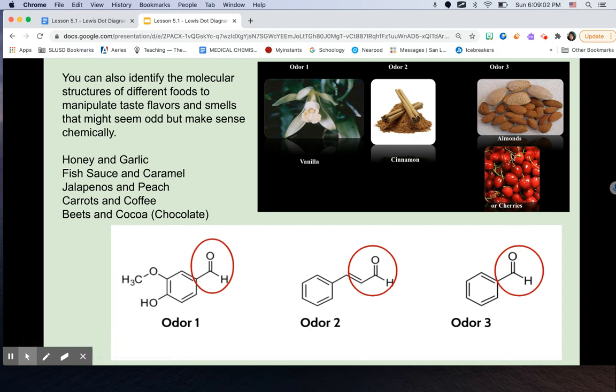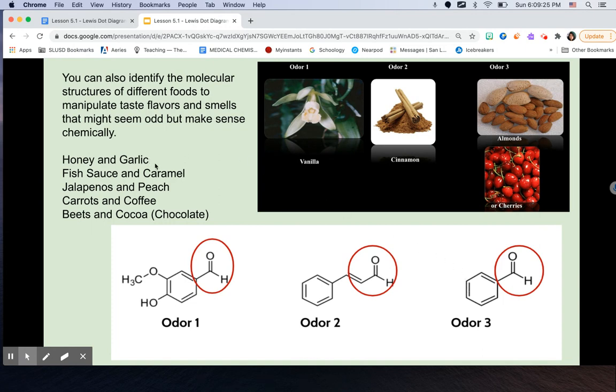And there are secondary molecules that allow your body to differentiate between almonds or cherries, but if you isolate the odor, they're actually the same thing. So if you understand how the shape of different food molecules are similar, you can come up with kind of odd and interesting pairings of flavors that tend to work.